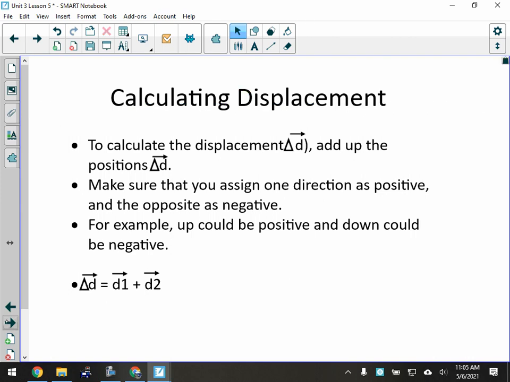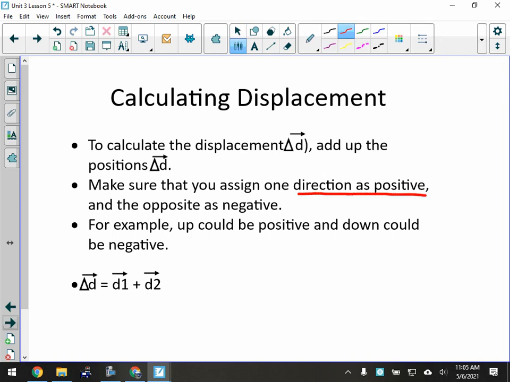So, how do we calculate the displacement, basically? How are we going to do that? Okay, well, I'm just getting the same notes as you guys have here just to make sure. Well, to calculate the displacement, we're going to add up the positions of each vector, basically. Now, this is going to sound kind of silly, but there is a reason we're going to do this down the road here. So it says here, make sure you assign one direction as a positive.